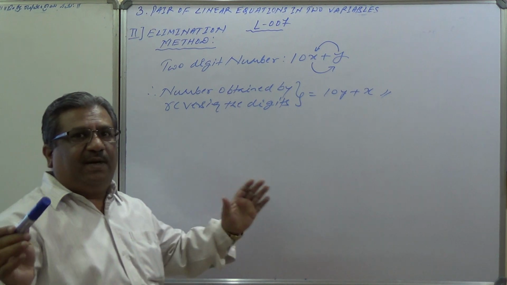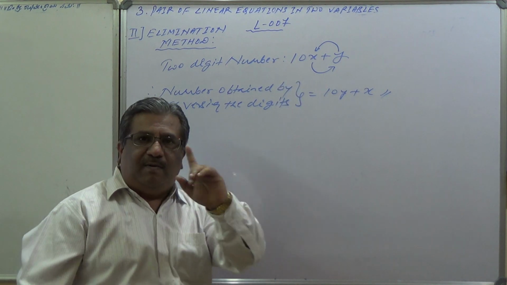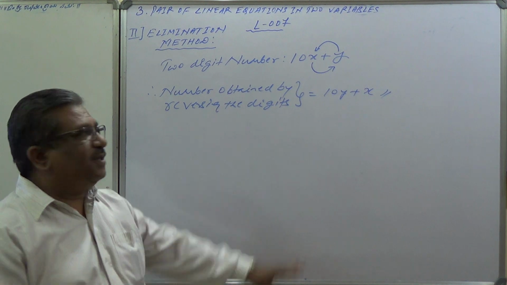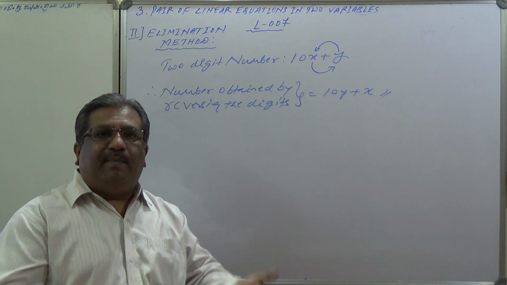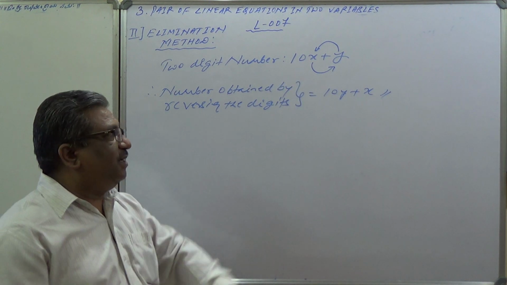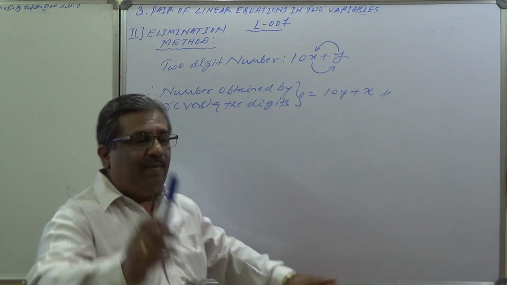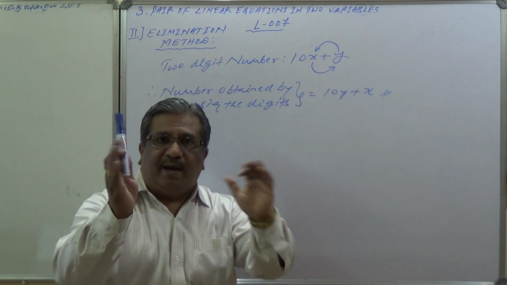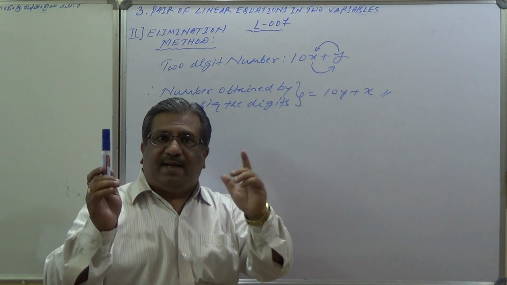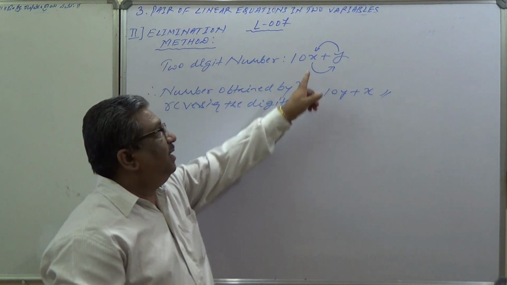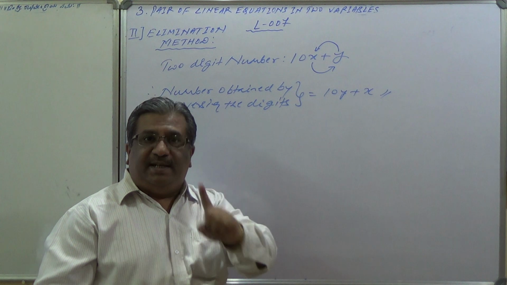A 2-digit number is represented by 10x plus y. Always remember, a 2-digit number is represented by 10x plus y, and the number obtained by reversing the digits is 10y plus x. Please remember, 10x plus y is one number and 10y plus x is another number, whereas x and y represent digits.